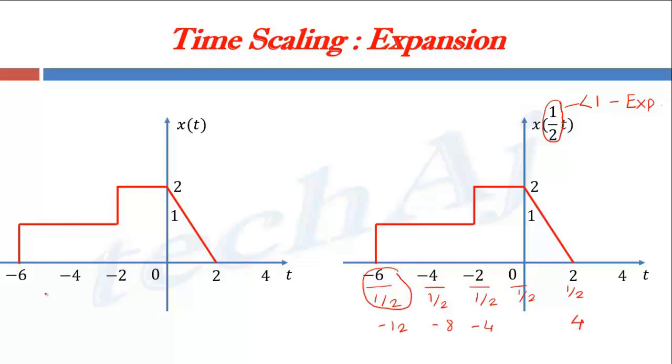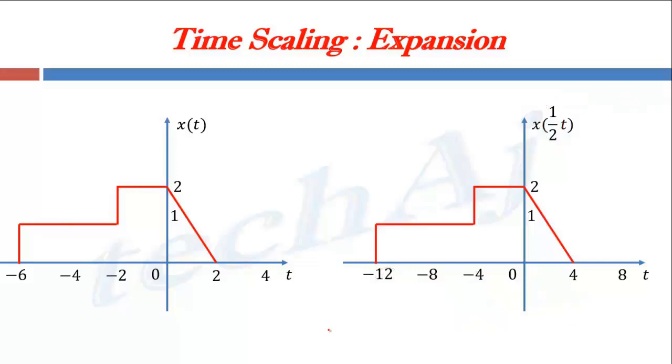That means we'll get the signal like this. The signal originally present from minus 6 to plus 2 will get expanded between minus 12 to plus 4.